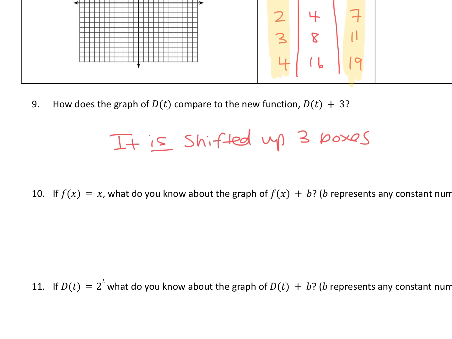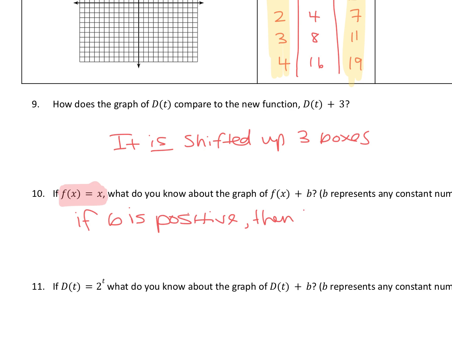What if I add something to this linear, right? This is the straight line that goes through the origin that has a slope of 1/1. What if I just add any number? So let's say if I add a positive number. So let's say if b is positive, then the graph moves up that amount.